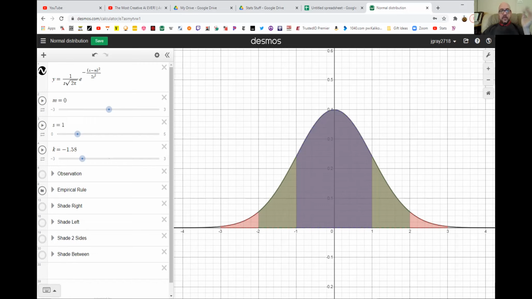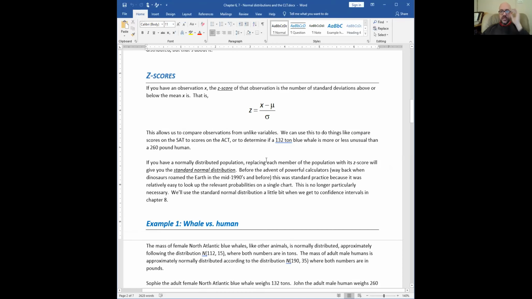However, the reason I care about that is, well, there's a couple reasons. One of them is that the letter Z specifically refers to the standard normal distribution. So if you see the letter Z as your variable in statistics, it's referring to the standard normal distribution, and it's referring to z-scores, because that is what z-scores are.